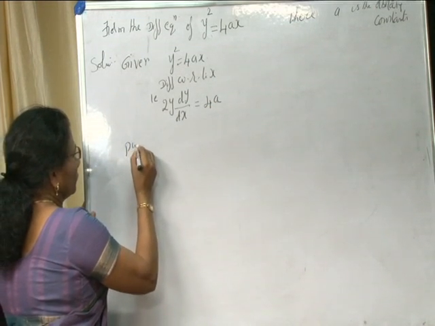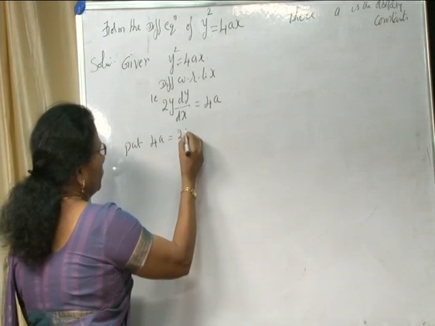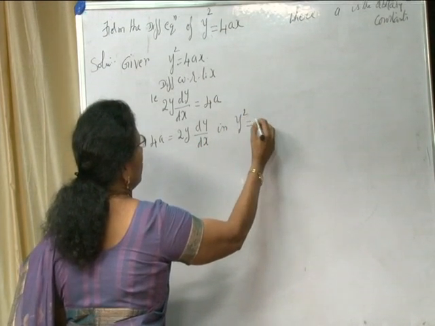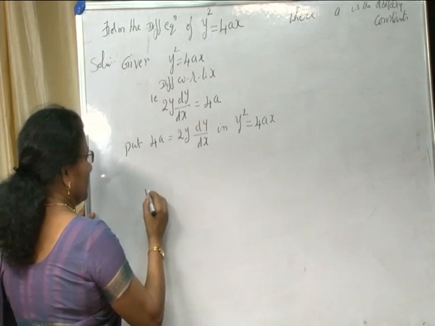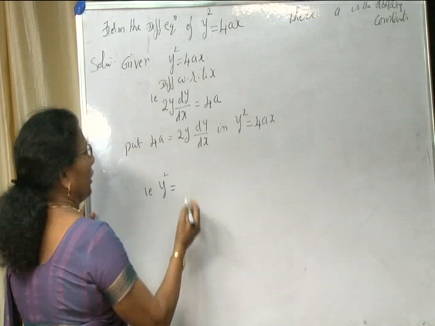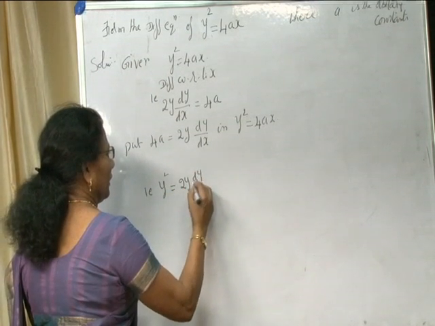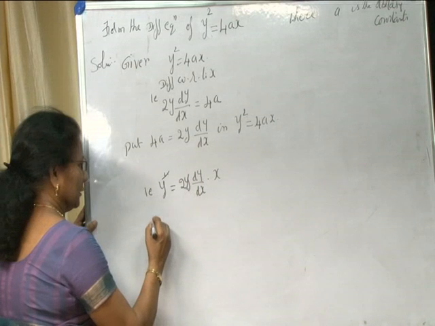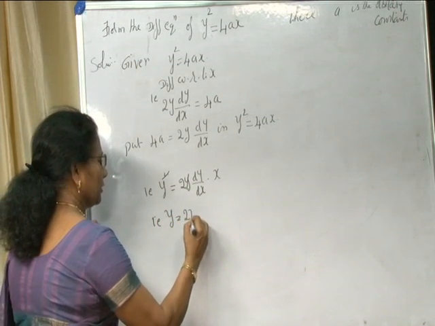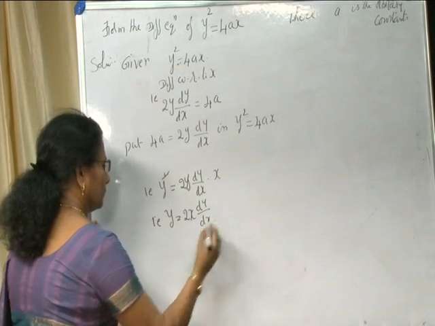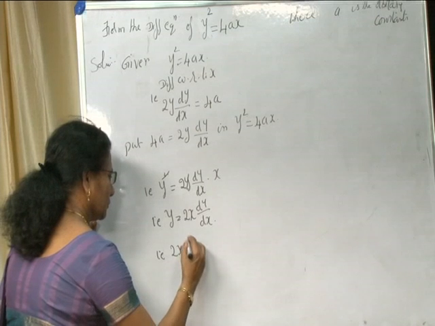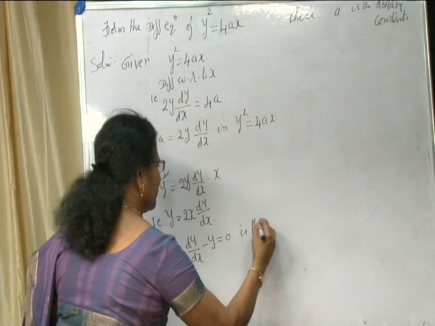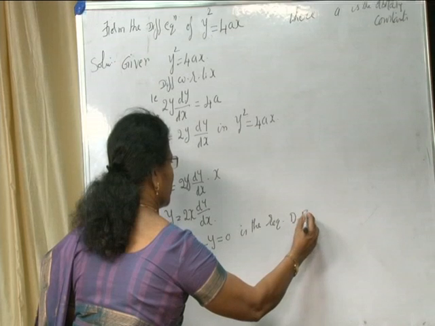Put 4a is equal to 2y into dy by dx in the given equation. y squared is equal to 4ax, that is y squared, in the place of 4a you substitute 2y dy by dx into x. Both the sides y is there, get cancelled, that is y is equal to 2x into dy by dx, that is 2x dy by dx minus y is equal to 0, is the required differential equation.